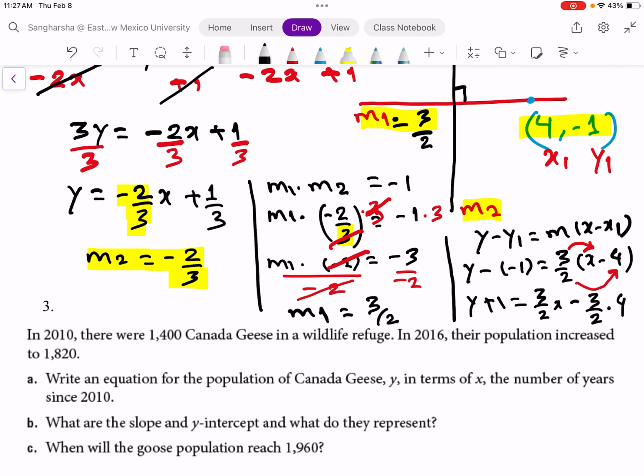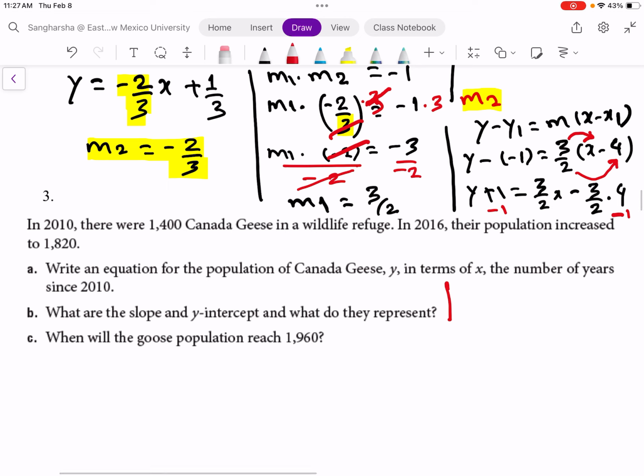Now let's solve this for y. In order to solve for y, we subtract 1 on both sides. The plus 1 and minus 1 cancel.